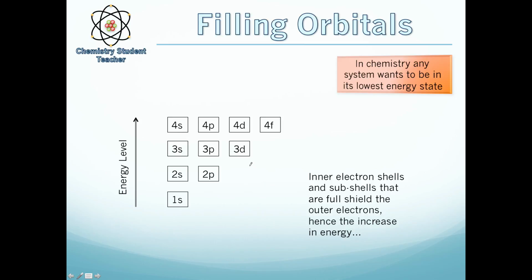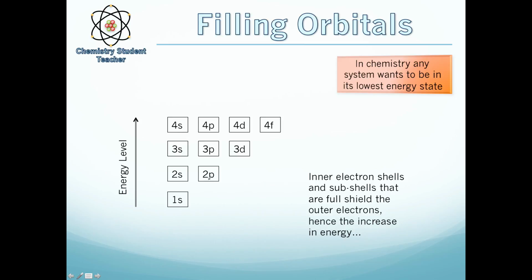Now if we look at the subshells S, P, D and F, subshell F is the furthest one away, while subshell S is the closest one to the nucleus, meaning S has the lowest energy. If you remember the shape, S is spherical, meaning it's held really tight, whereas P is this dumbbell shape on each axis, meaning the electrons can get a little bit further away than in the S, so the p orbitals are slightly higher in energy than the S, however not high enough to overtake the 3s.